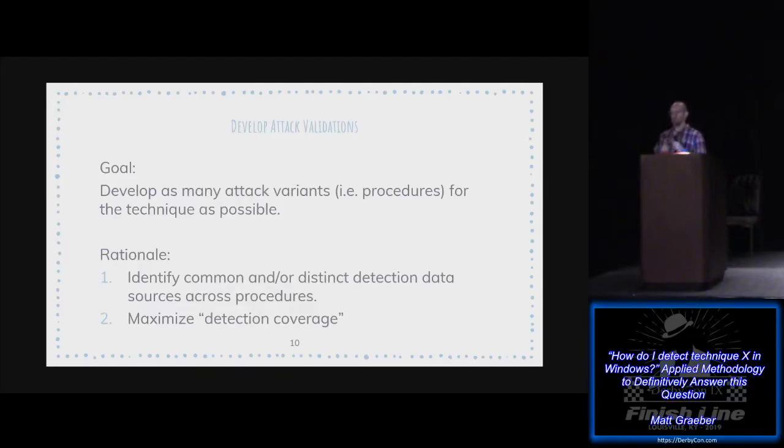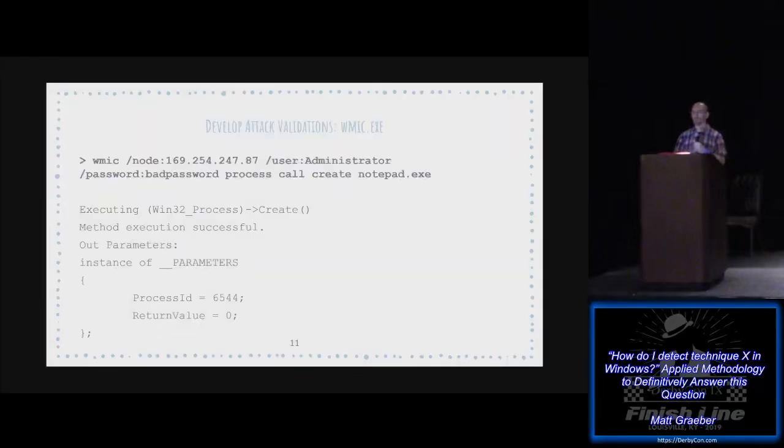So if you're building a detection off of the execution of wmic process call create, you very well could be limiting yourself, right? So if the goal is to detect WMI-based lateral movement, are you really detecting WMI-based lateral movement, or are you detecting attacker use of wmic.exe for WMI-based lateral movement? So that's where you might want to get a little bit of clarification from whoever is requesting the detection.